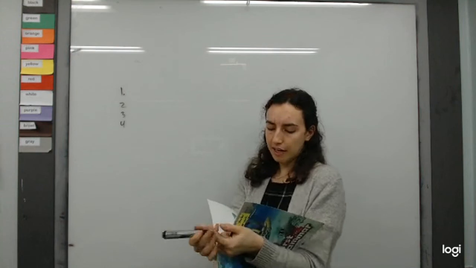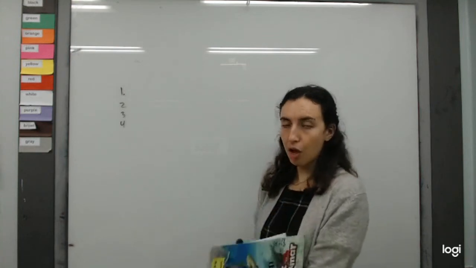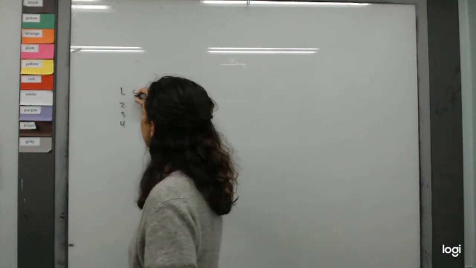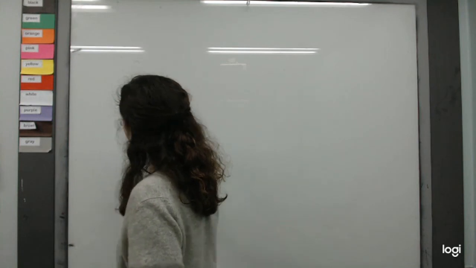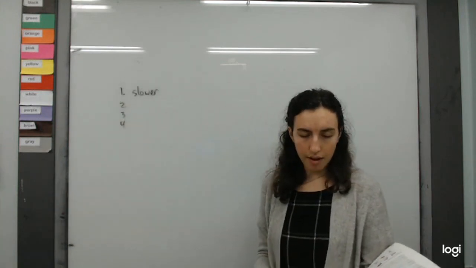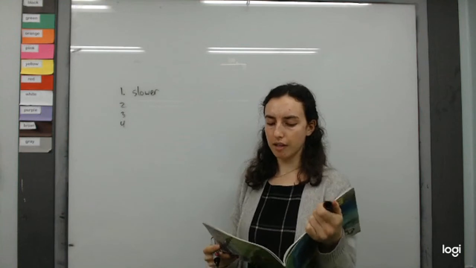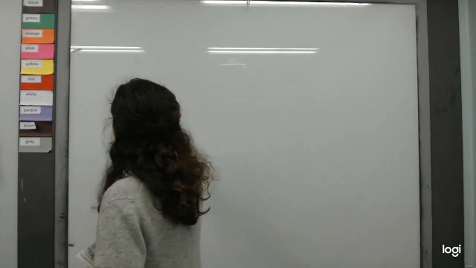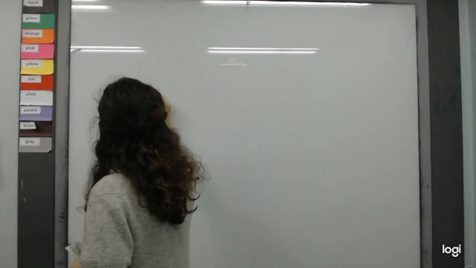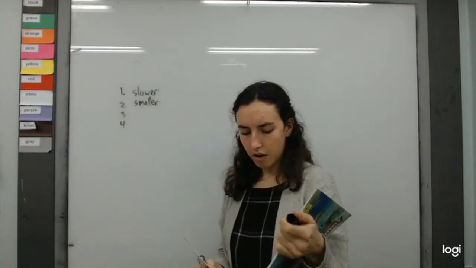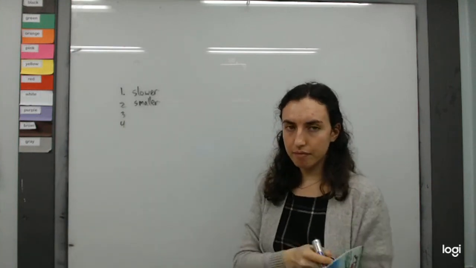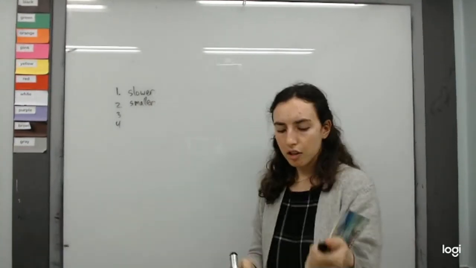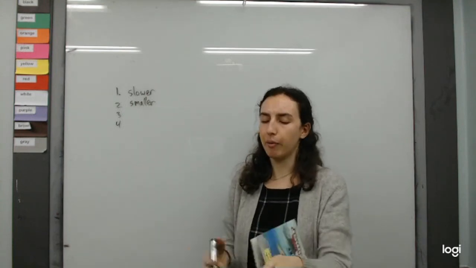Okay, now for the next part, the snail is slower than the turtle. The golf ball is smaller than the soccer ball. Okay. So here we are talking about all teams in your country. So we want to know, we are comparing many. So we use superlatives.